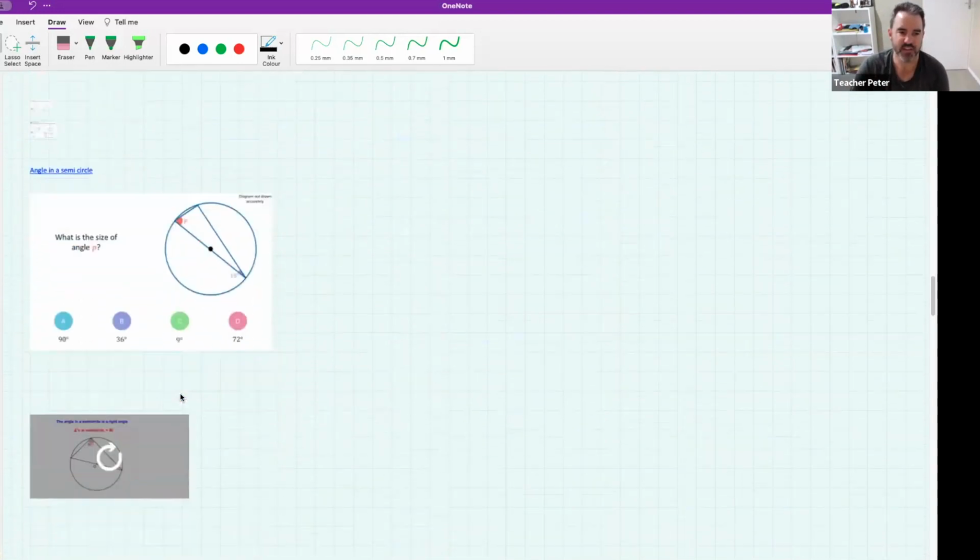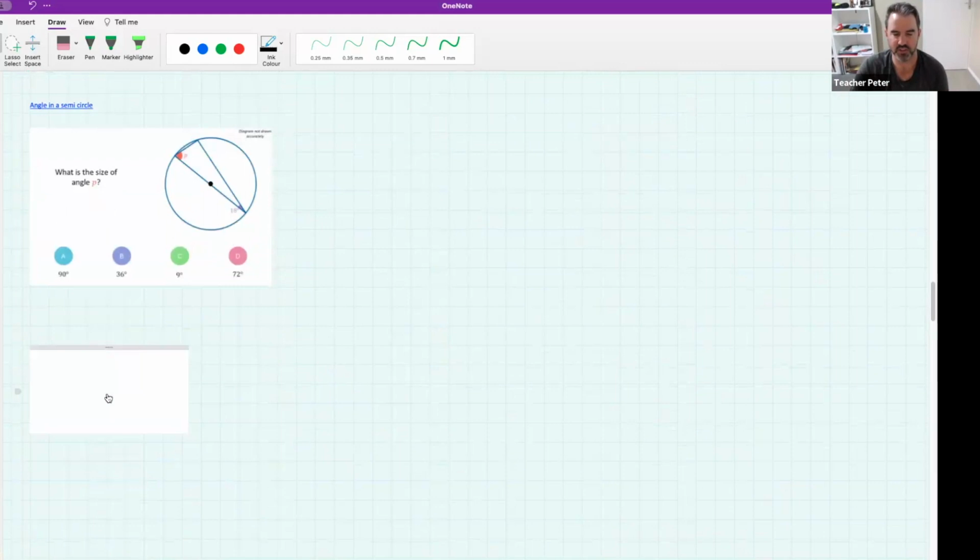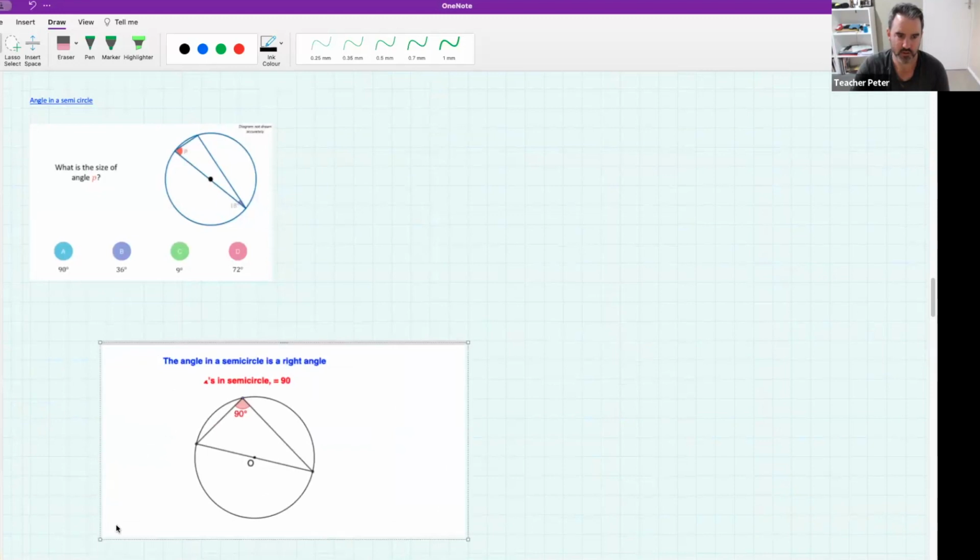Now, there's another fact about circles that you guys need to be exposed to. And these first two lessons are all about circles and the center of the circles and what facts go with circles and the center of a circle. So let's have a look.